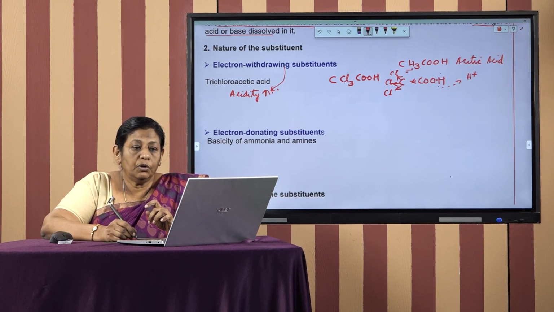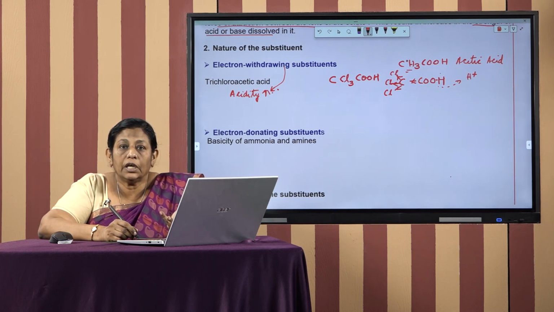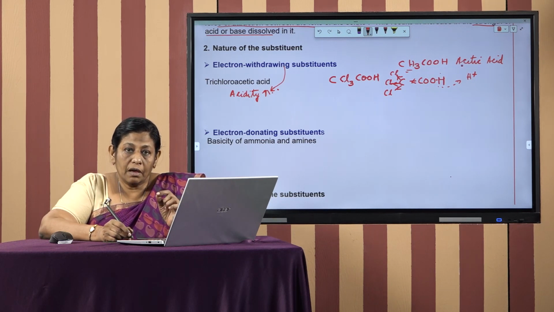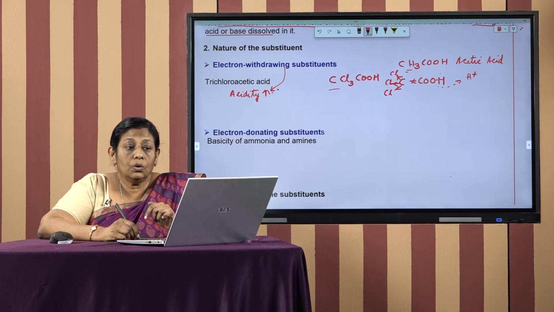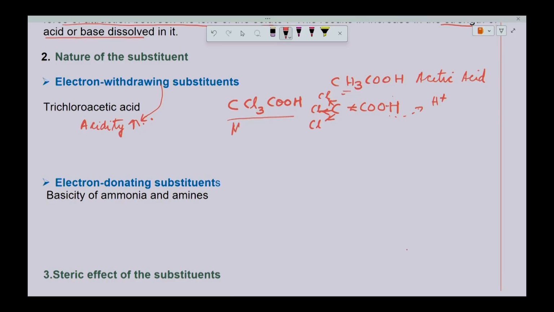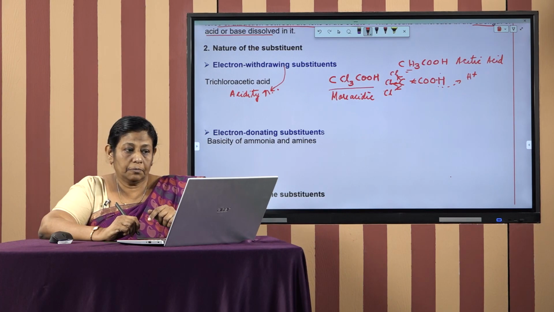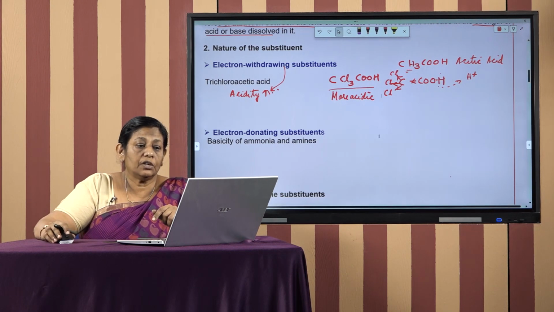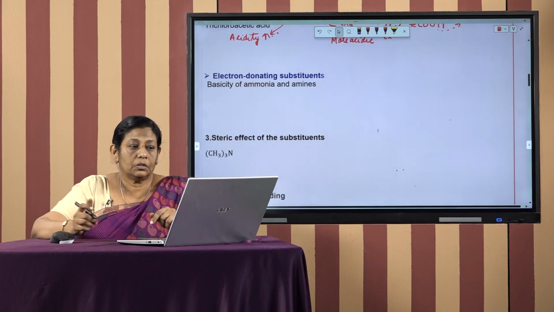For example, if you take acetic acid, it does not have any electron withdrawing atoms on it, it has hydrogen atoms, and therefore acetic acid will have a certain amount of acidity, but compared to acetic acid, trichloroacetic acid is more acidic. The reason is that it has electron withdrawing groups in it. Hope it is clear. Next is electron donating substituents.